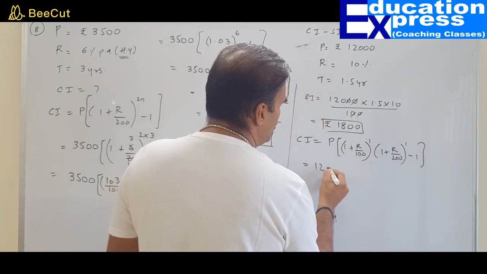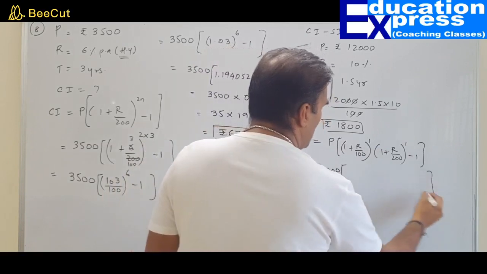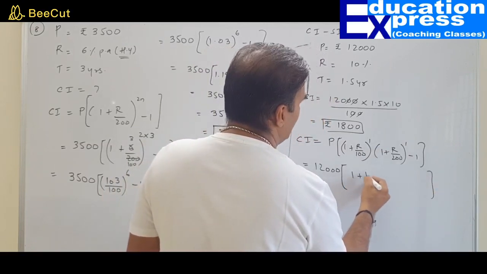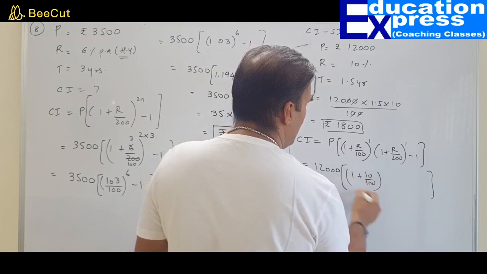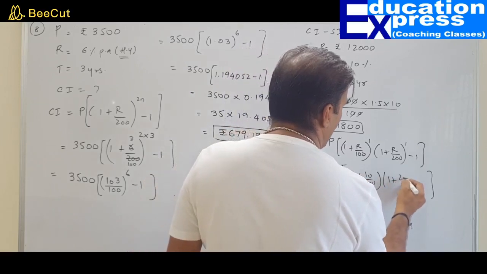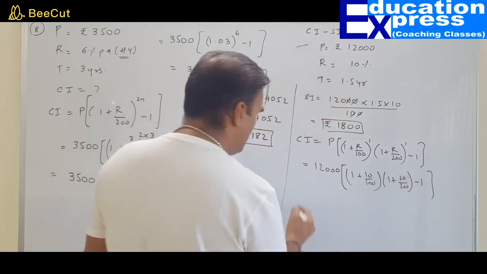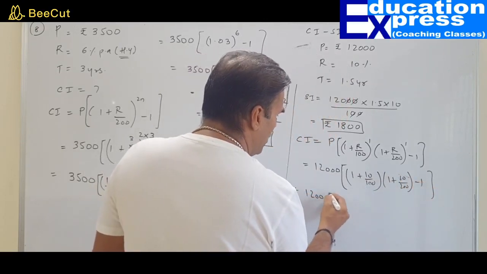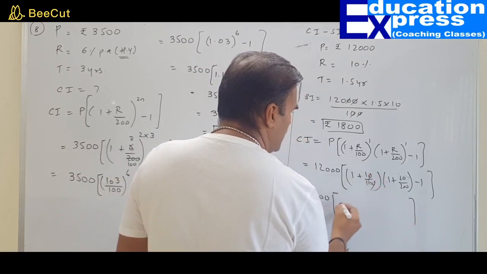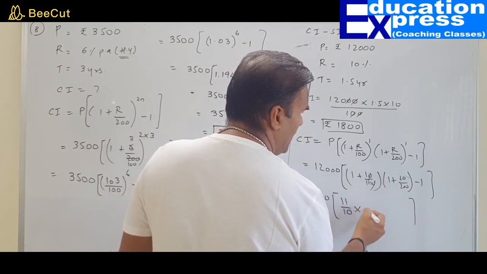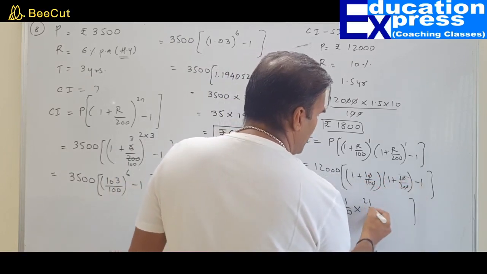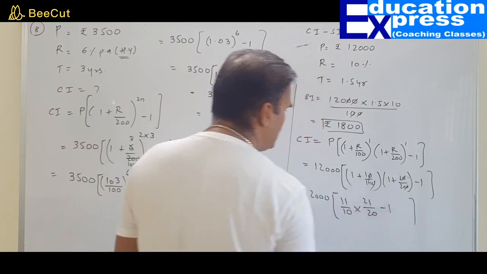Substitute the values. 12,000 into 1 plus 10 upon 100, into 1 plus 10 upon 200, minus 1. 12,000. As you know, this will be 11 upon 10 multiplied by 21 upon 20, minus 1.